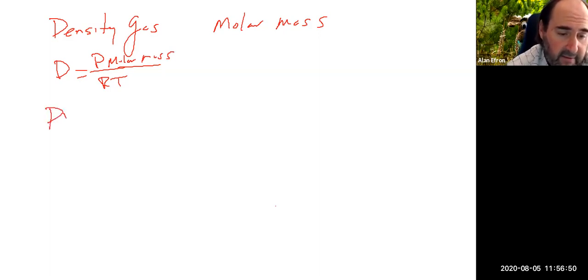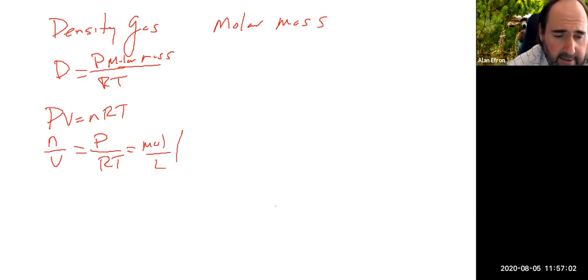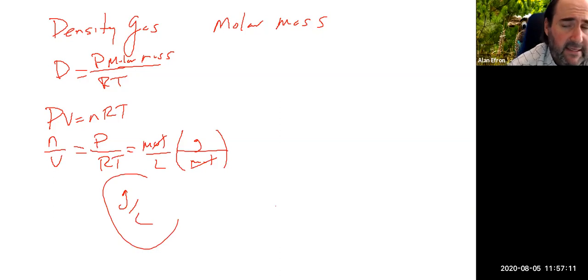So we took PV equals nRT, and you solve for n over V. It would be P over RT. That gives you moles per liter. And you could use the molar mass from the periodic table, and that gives you grams per liter, which is the typical units of density for a gas as well.